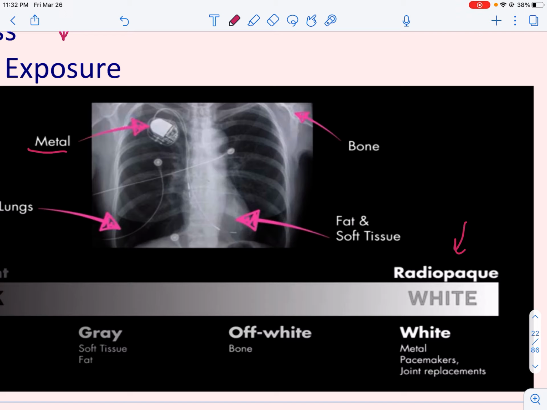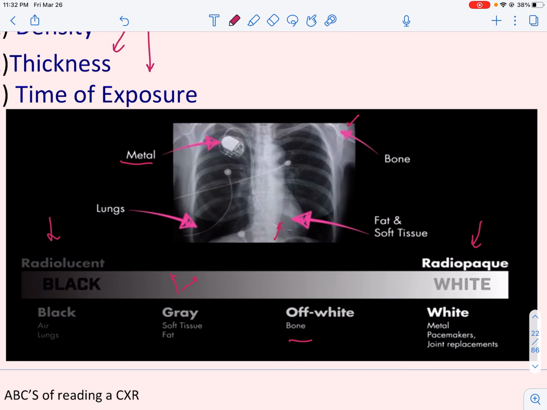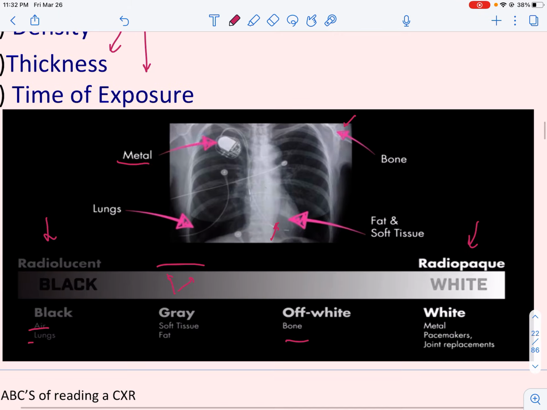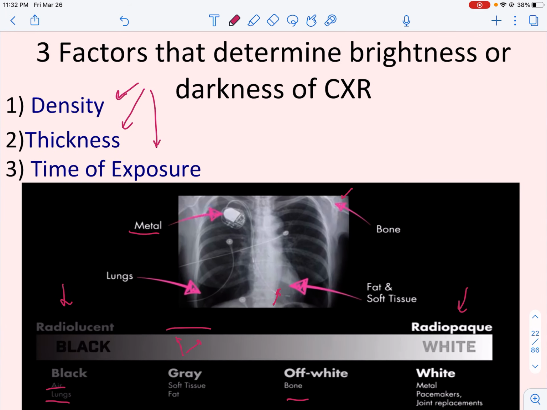The bone is off-white, and as we see here, we can see through the bone, so it's off-white. Sometimes they divide the gray into light gray and dark gray, but muscles, fat tissue, and the heart all appear in the scheme of gray color. Air or lung appears black. So what appears is all based on the density of the structure itself.